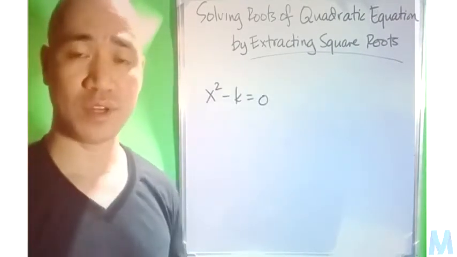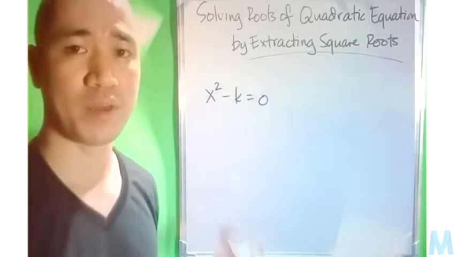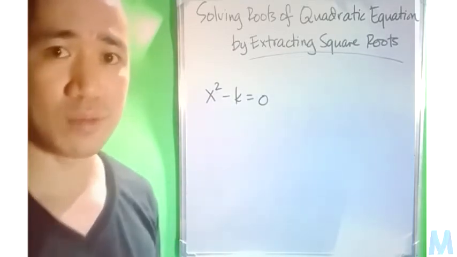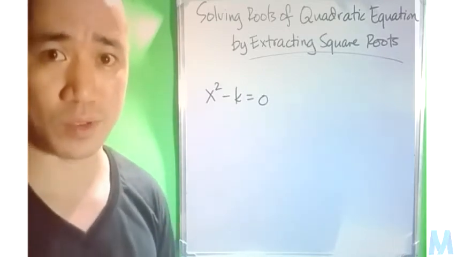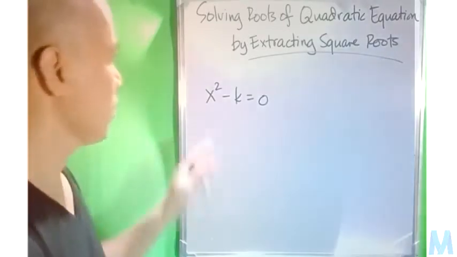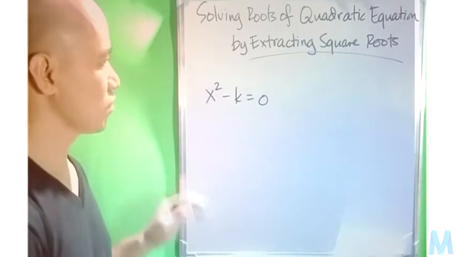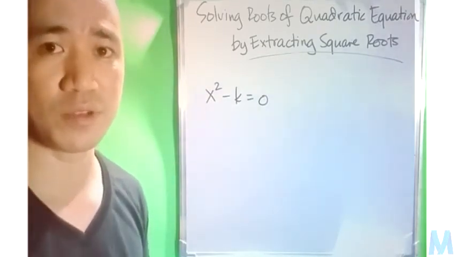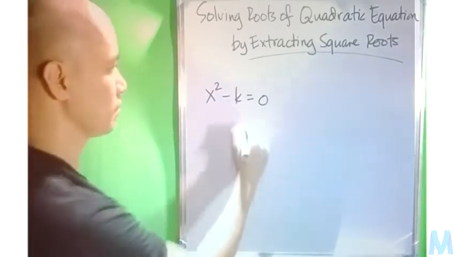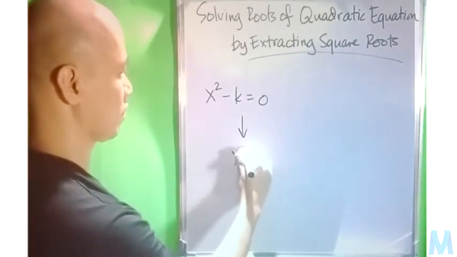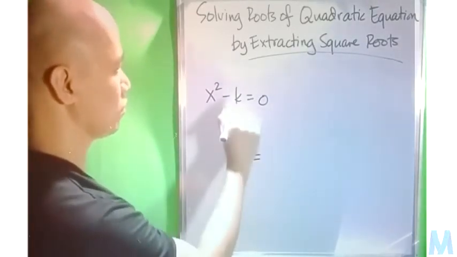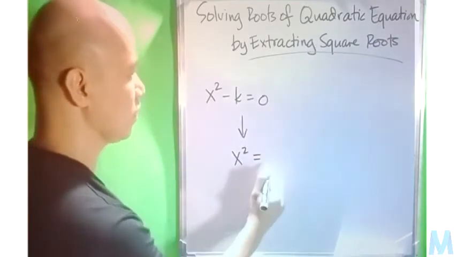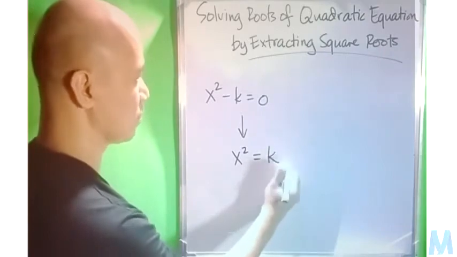Okay, so ang quadratic equation that follows the form x squared minus k is equal to 0, ang iyang roots can be solved by extracting square roots. Okay, so we have here x squared minus k is equal to 0. So, kailangan pa isa ka process. If we are going to process that, it will become x squared is equal to k, we're going to transfer a negative variable to the other side, so it will become positive.